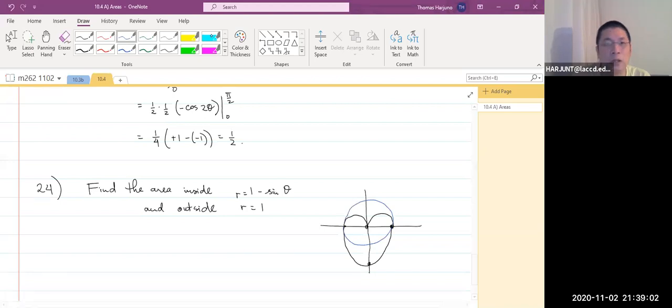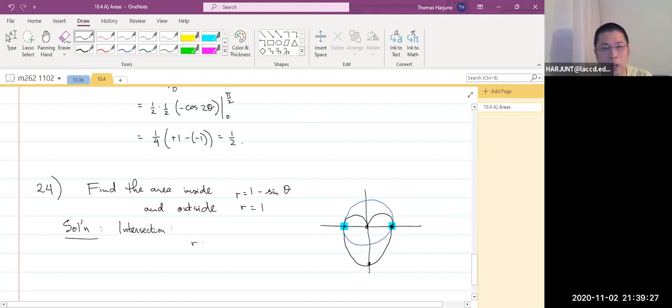Then you need to find the intersection of these two curves, at what theta they actually meet. Let's set them equal first. Okay, solution. Let's find the intersection. That's how we find what theta to what theta our integral will be from later on.